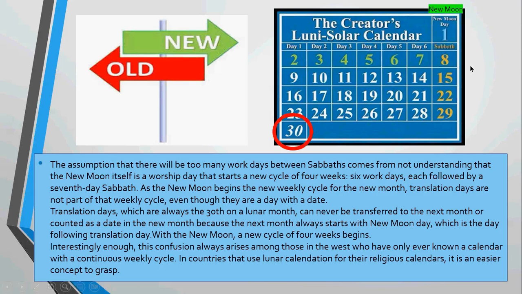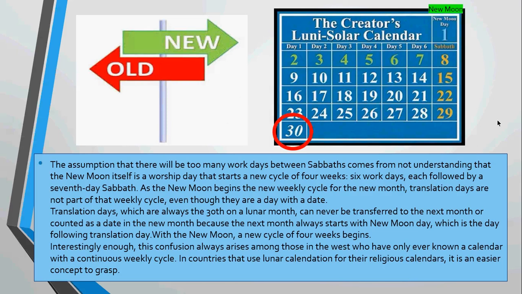The assumption that there will be too many work days between Sabbaths comes from not understanding that the new moon itself is a worship day that starts a new cycle of 4 weeks, 6 work days, each followed by a 7th-day Sabbath. As the new moon begins the new weekly cycle for the new month, translation days are not part of that weekly cycle, even though they are a day with a date.